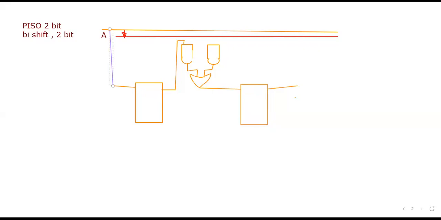If we are talking about left shift, this is right shift. We are shifting data towards the right, so this is the right shift input. Where we have our output over here, it is the right shift output.